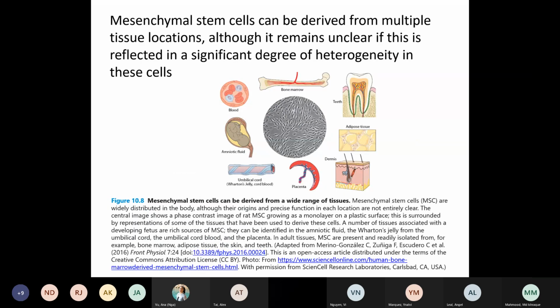And here, it just illustrates where you can identify mesenchymal stem cells. Although I listed those tissues, that's what was listed in our textbook. The original place will be bone marrow. You can get it from blood, from circulation. You will get mesenchymal stem cells.